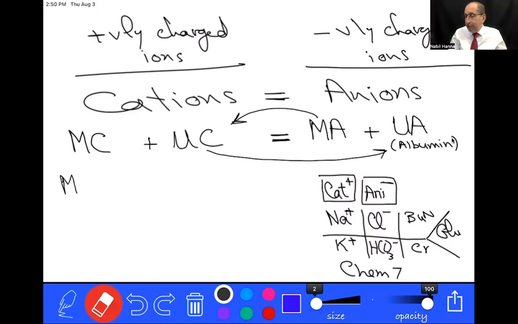Measured cations minus measured anions, because now measured anions moved from the other side, so it should acquire a different sign, equals the unmeasured anions minus the unmeasured cations.